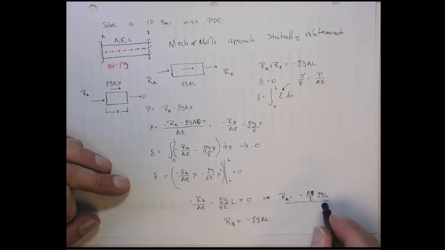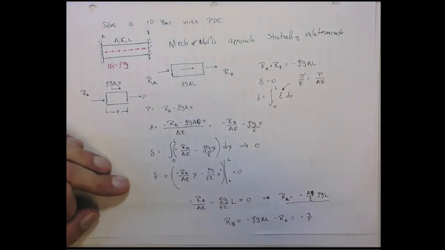So this is actually the reaction force, and that has units of force. That's good. Here's the reaction at B from this equilibrium: this minus RA. You can see this value here is 1/2, so that's going to give me a minus. Let me do this carefully.